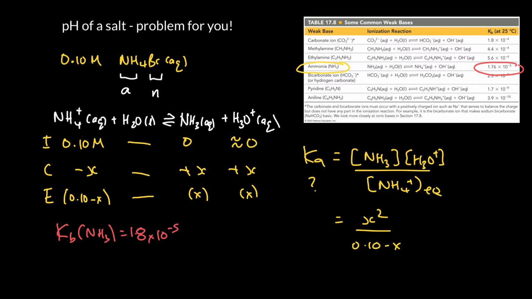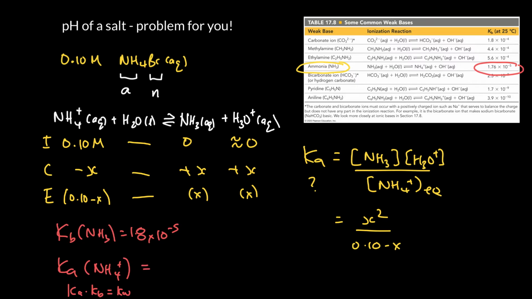And we need Ka not for ammonia, because ammonia is not an acid, but for ammonium. That's the conjugate acid to the base ammonia. So how do we get that? Well, if you remember in the last section, we showed that Ka times Kb is equal to Kw. So if you've got a conjugate acid-base pair, if you know Ka for one of them, you can figure out Kb for the other, and vice versa.